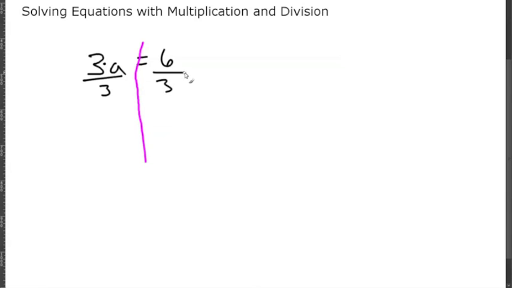So divide by 3 over here. 3 divided by 3 is just 1. So we're left with 1 times a equals 6 divided by 3, which is 2. 1 times a, remember the multiplication identity property, any number times 1 is just the same number. So a equals 2. Let's plug that back in and double check.